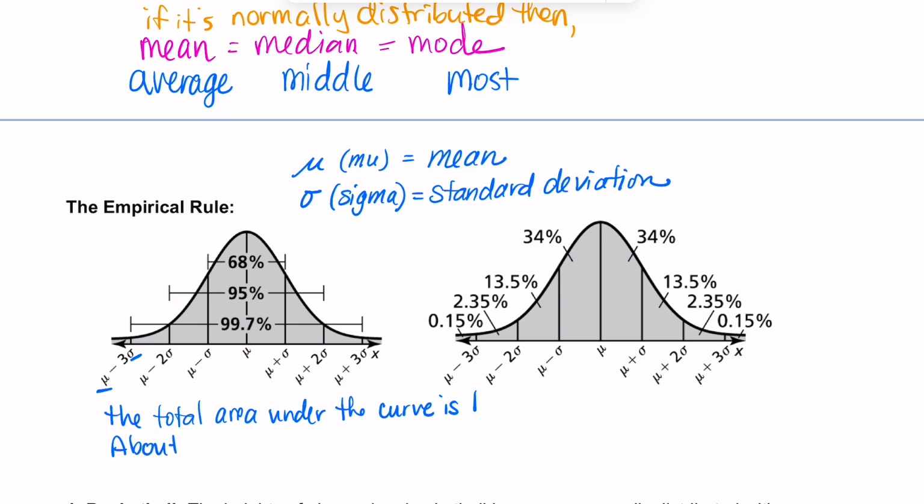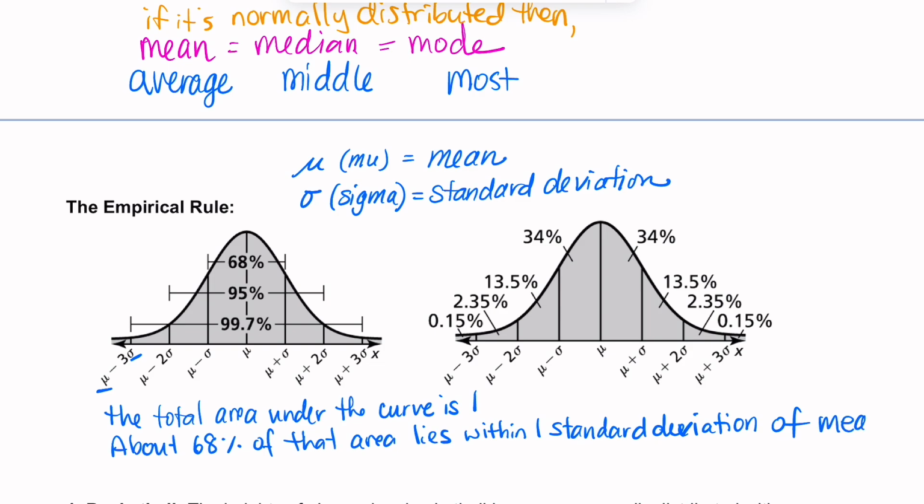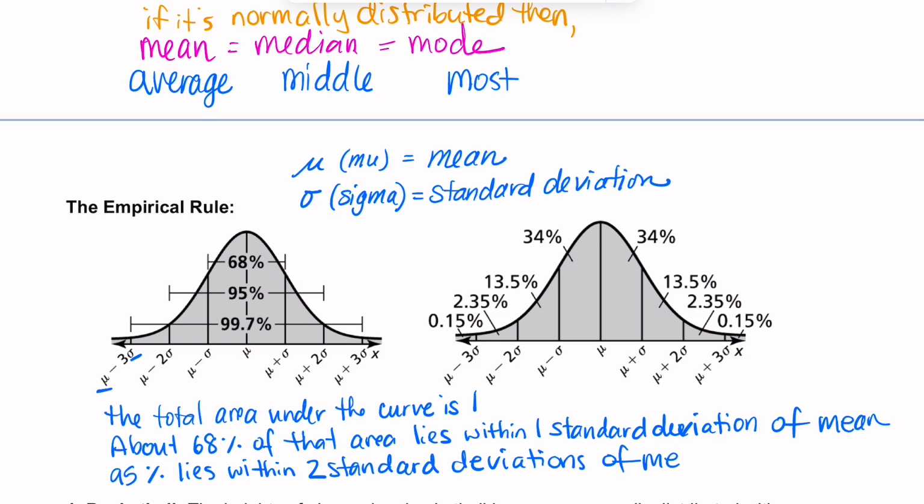About 68% of that area lies within 1 standard deviation of the mean. 95% lies within 2 standard deviations of the mean, and 99.7% lies within 3 standard deviations, I'm going to abbreviate here, of the mean.